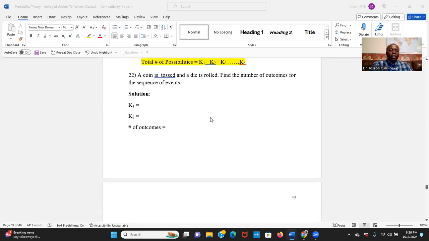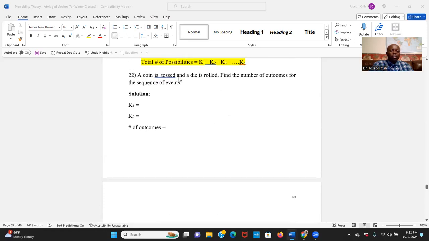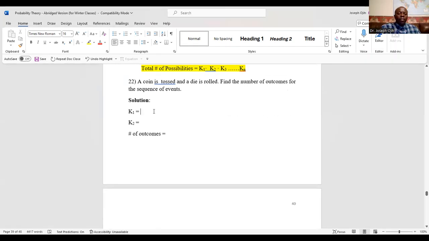Let's see how this works. Look at this question here. It says a coin is tossed and a dice is rolled. Find the number of outcomes in the sequence of events. Now, for the coin, we know that a coin has 2 sides. So k1 is 2, and the dice has 6 sides.